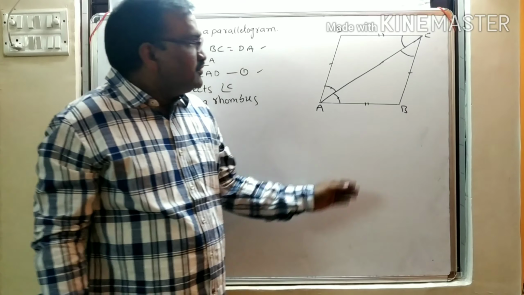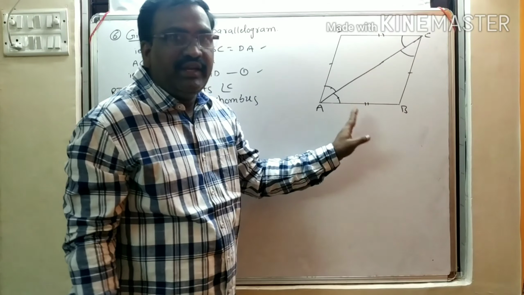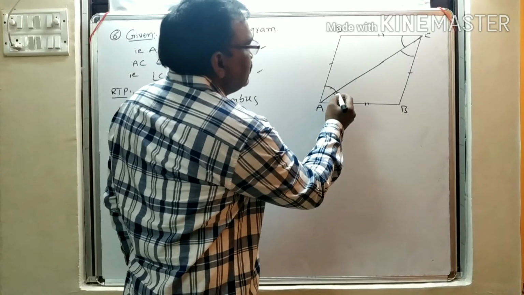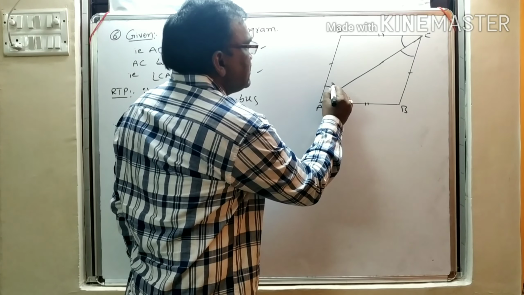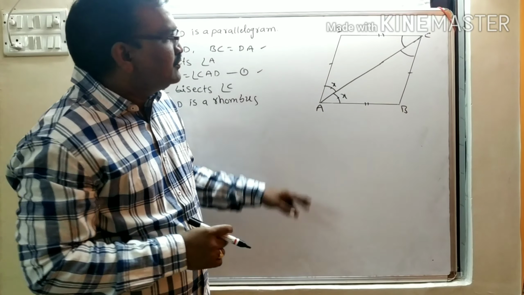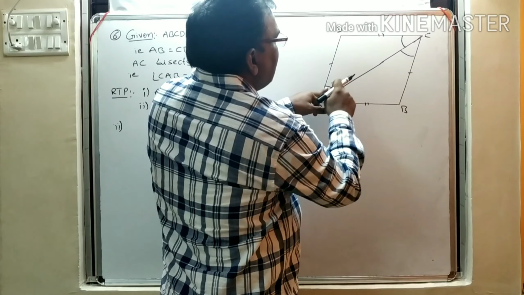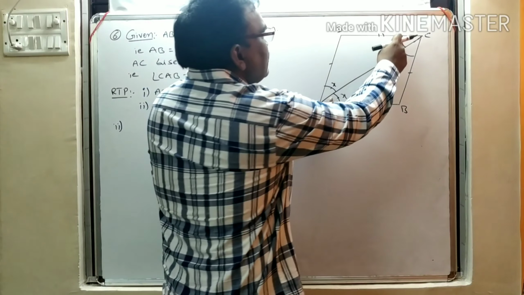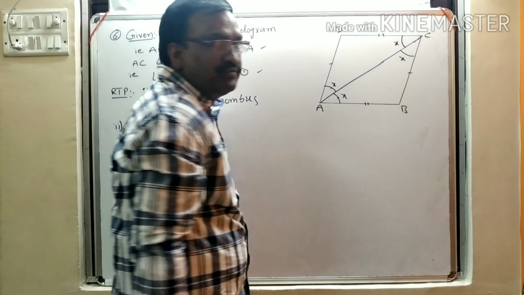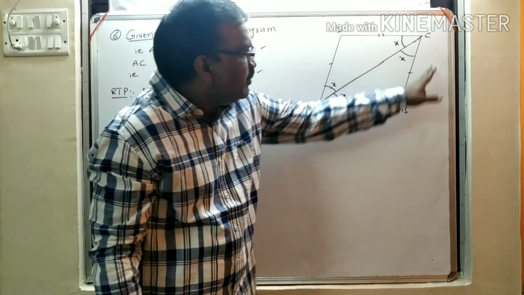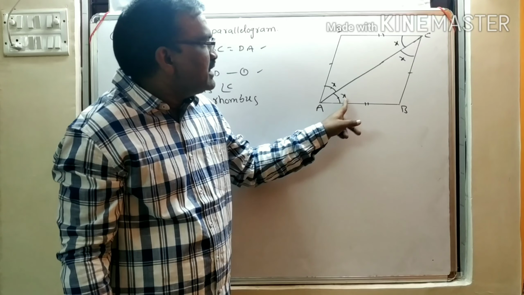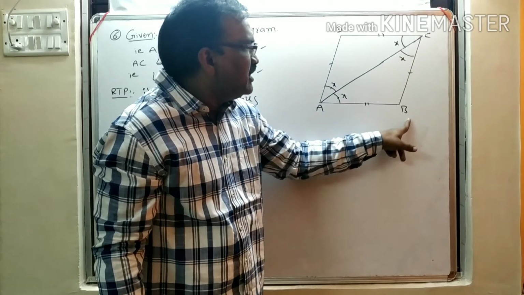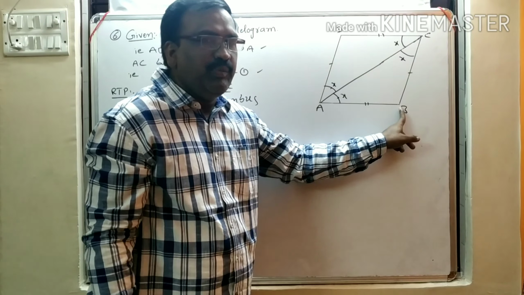So ABCD is a parallelogram. AC bisects angle A, so these two angles are equal. Let it be some x. This is also x. These two angles are equal, so this is also x. Observe triangle ABC. In triangle ABC, angle ACB is equal to angle CAB.